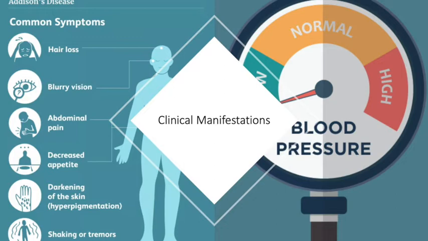The dark pigmentation is especially seen on the patient's knuckles, knees, and elbows. The patient also will present with hypotension, depression, emotional lability, apathy, and confusion.